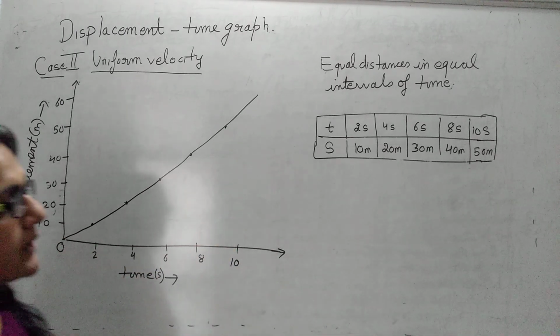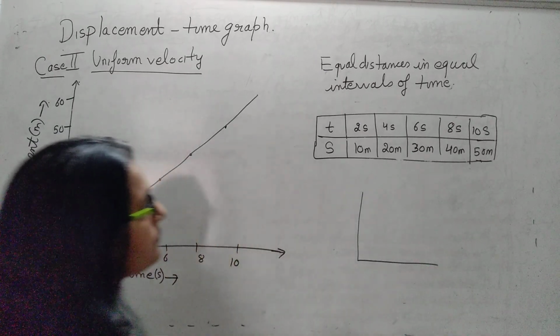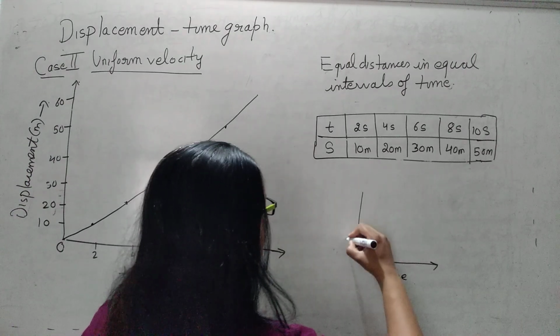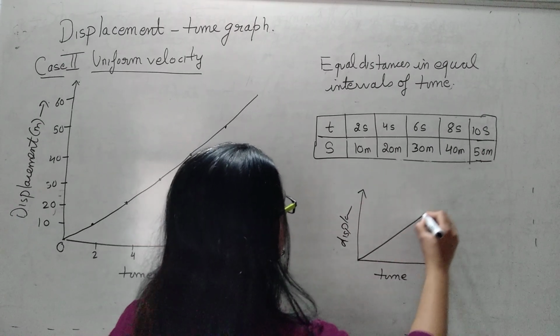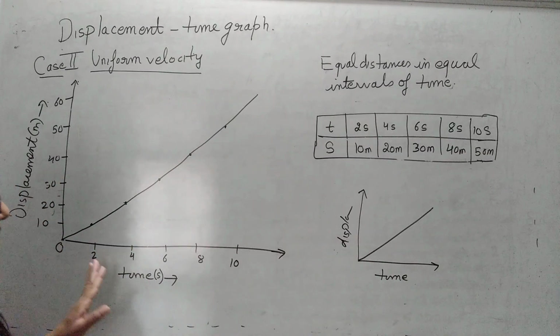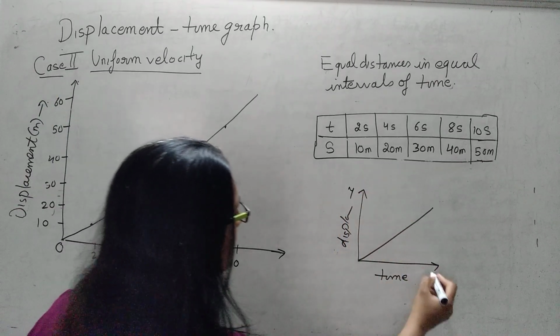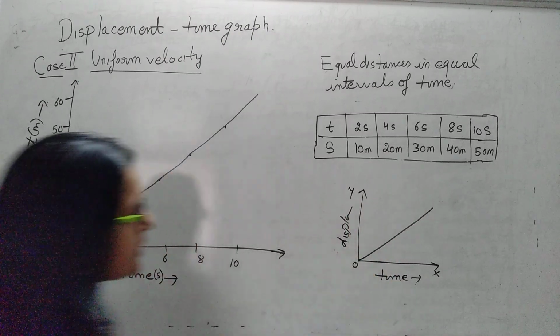So if in the exam it comes that you have to draw displacement time graph for uniform velocity, how will you draw it? This is the time, this is the displacement, and this type of graph. You will not write 2, 4, there is no need to write. Just mention x-axis, y-axis, labeling must be there, and this much is enough.